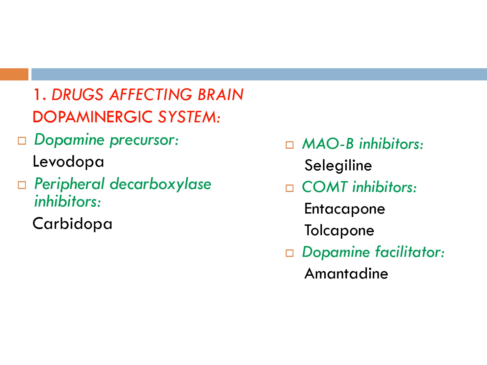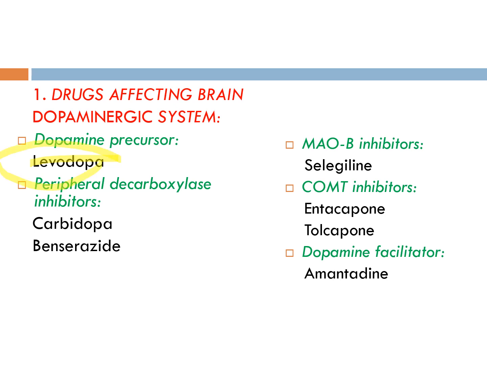So let's have a look at the drugs which affect the dopaminergic system. Number one is the dopamine precursor, which is levodopa. It's a very important drug from an examination point of view as well. Its mechanism of action, its contraindications, its adverse effects, everything is very important about levodopa.